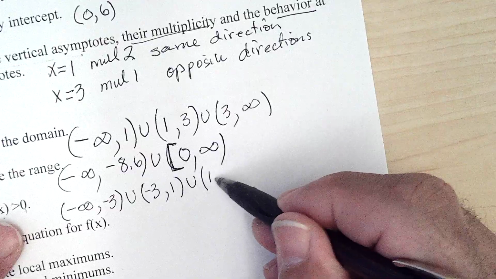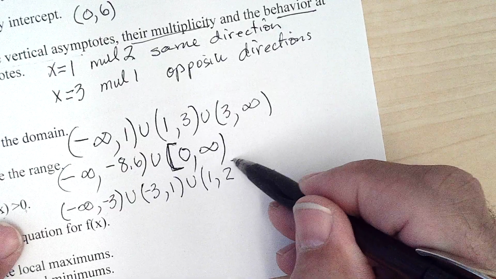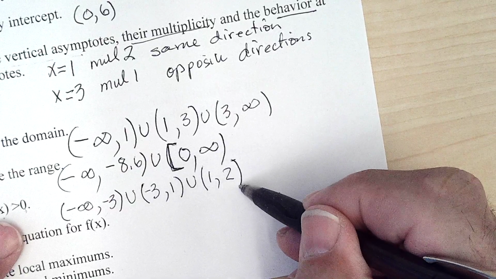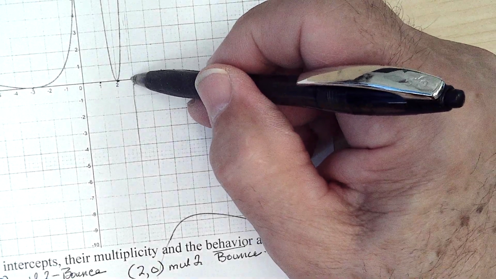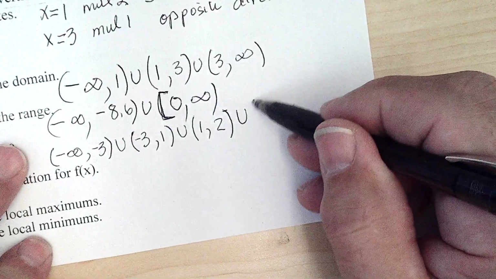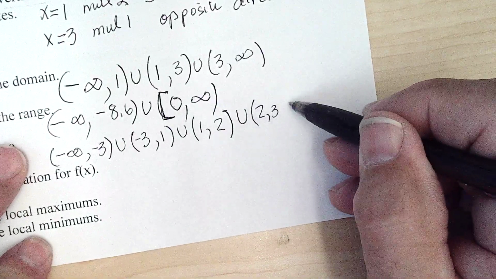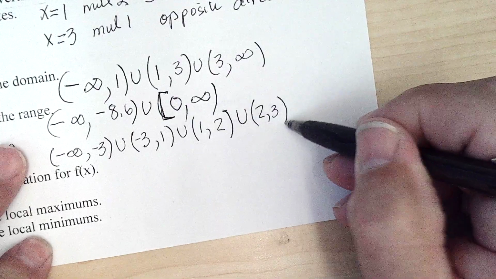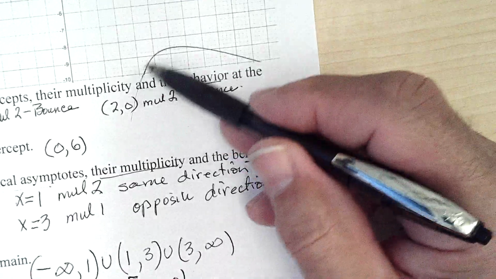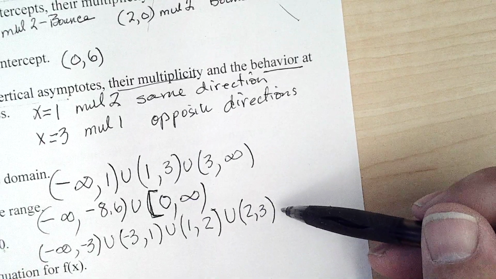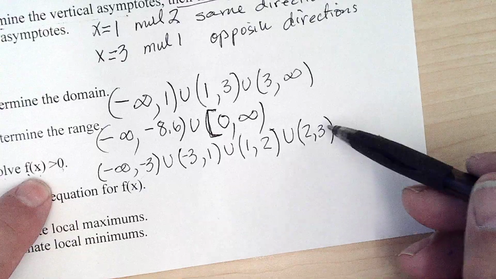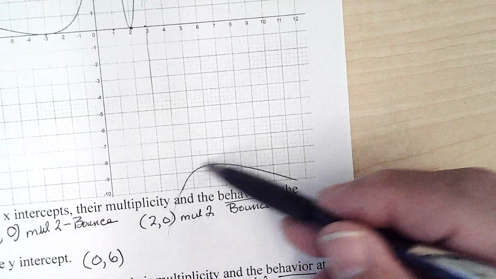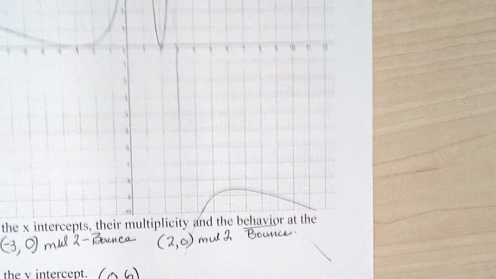So from 1 to 2, but at 2 it's 0, so we can't include the 2, union, and from 2 to 3 it's positive. But at 3 it disappears, and then it's negative the rest of the way. For any x's bigger than 3, it's negative. Y values are below the x-axis.